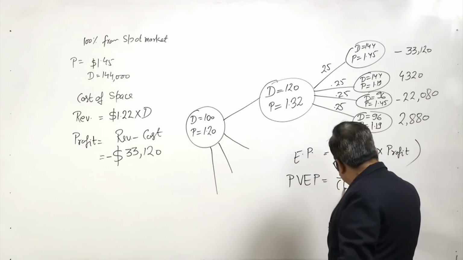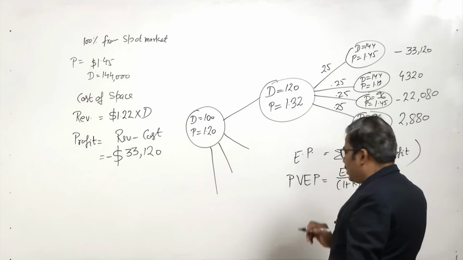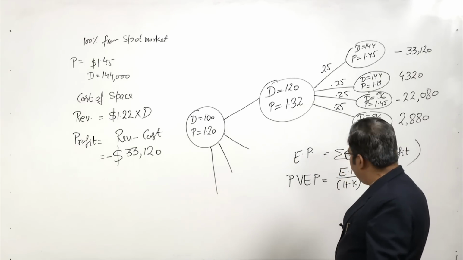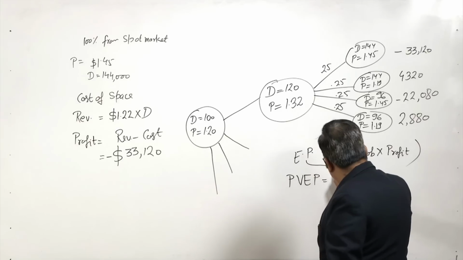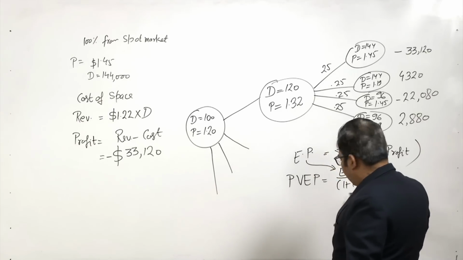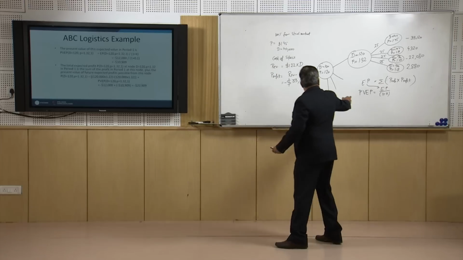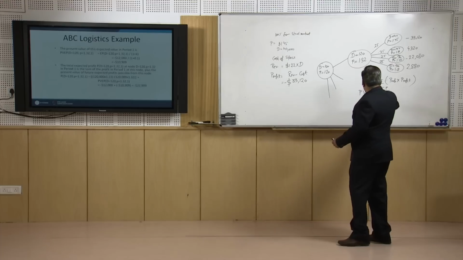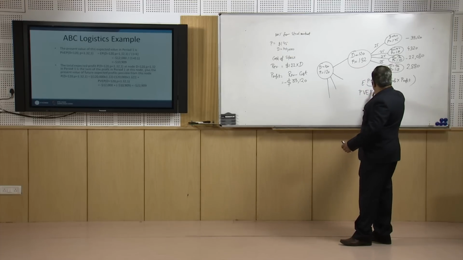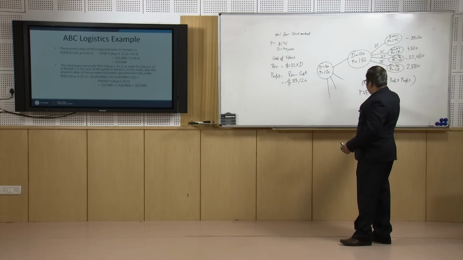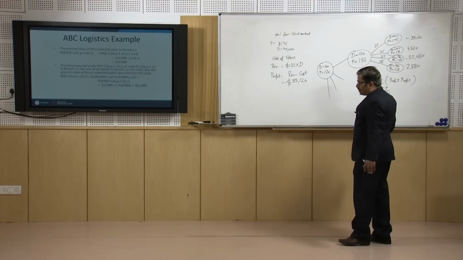So, it is 1 plus k that is to be divided by. So, this expected profit comes here and it is to be divided by 1 plus k.